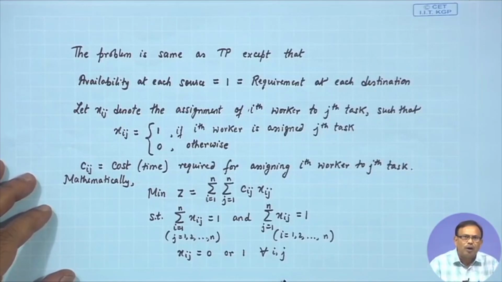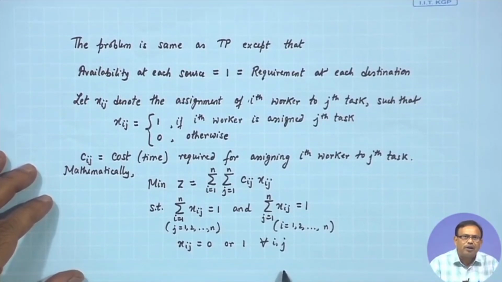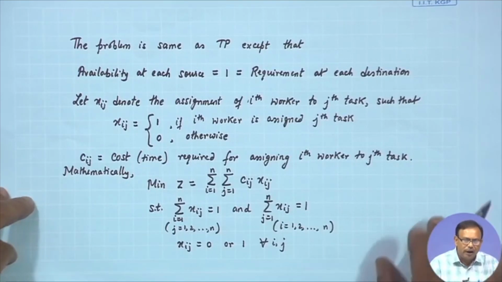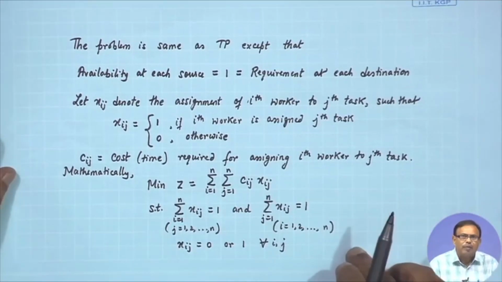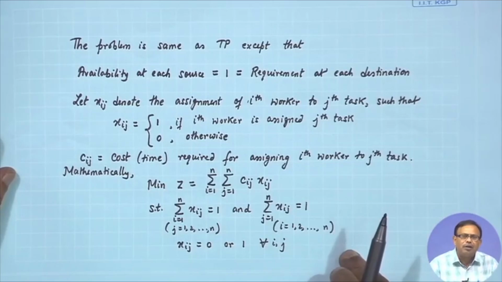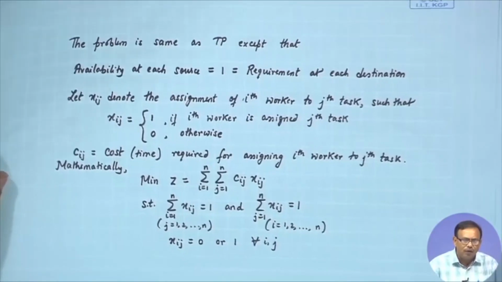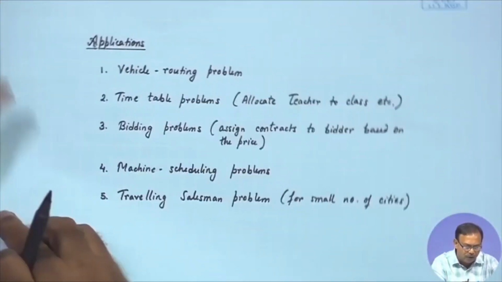You have to note one thing: here x_ij can take the value either 0 or 1, it cannot take any other value. So, mathematically I can write it like this. I can solve it as an LPP, I can solve it as a transportation problem, but there are also specific solution procedures or methods for these assignment problems.